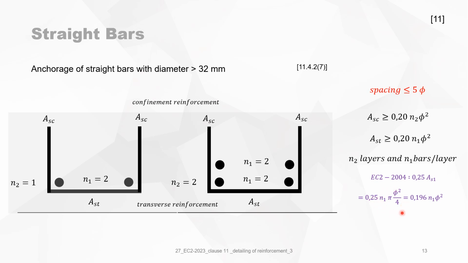And if you calculate this, you find 0.196 N1 V squared. So this is okay, which is now 0.2, which is normal. So this formula is in fact exactly the same as the one of version 2004.